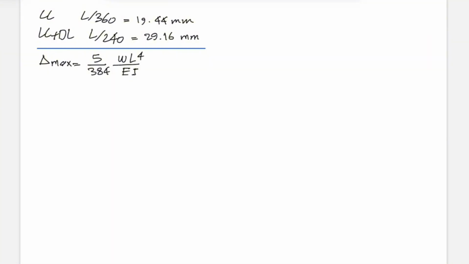For live load, we have 40 psf, which is equal to 1.92 kPa. 1.92 times 4, the tributary width, equals 7.68 kilonewtons per meter.